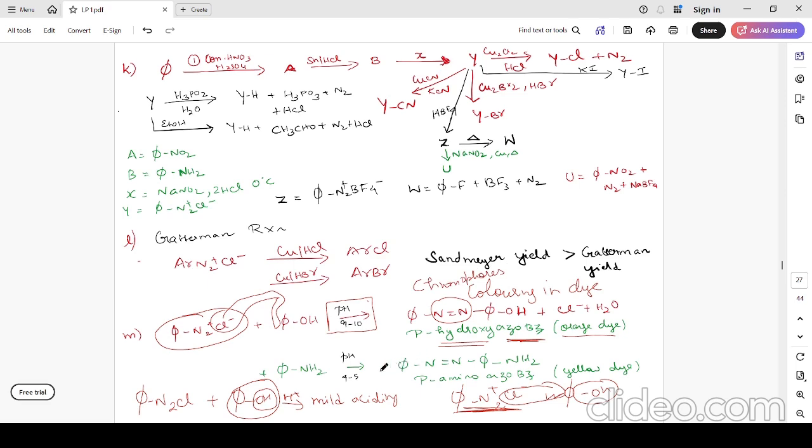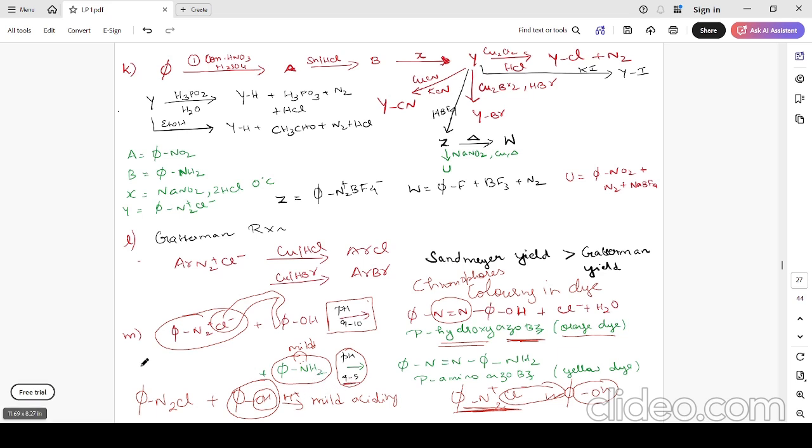The second reaction is with the same benzene diazonium chloride, but I do it in the presence of aniline. We know this is having a lone pair of electrons, mild basicity is there. I don't say it is not at all basic, mild basicity is there. In order to activate it, I am doing it in an acid medium, 4 to 5 range.